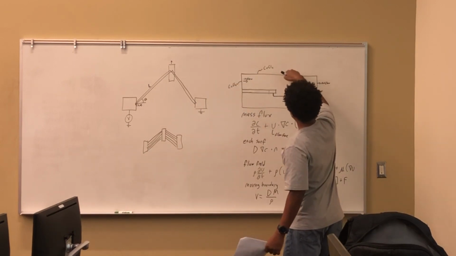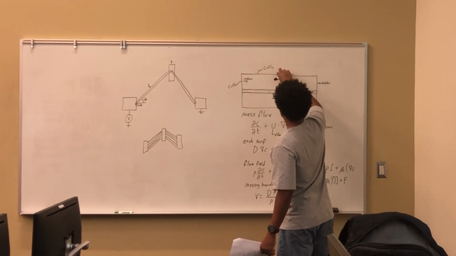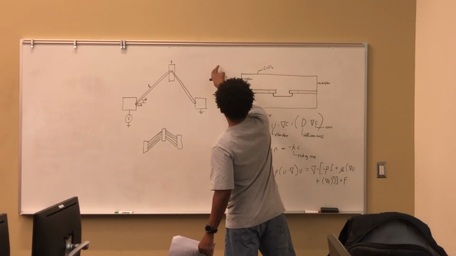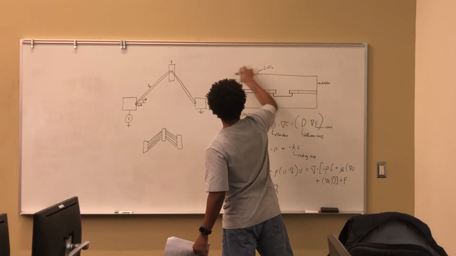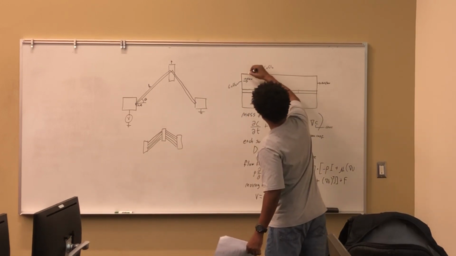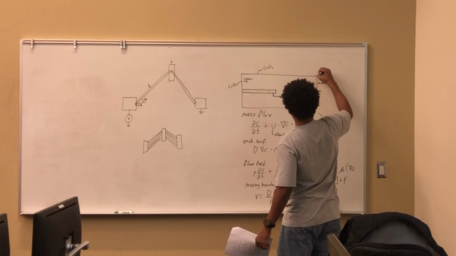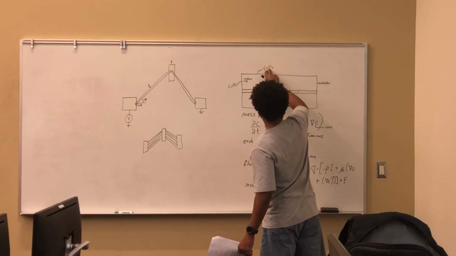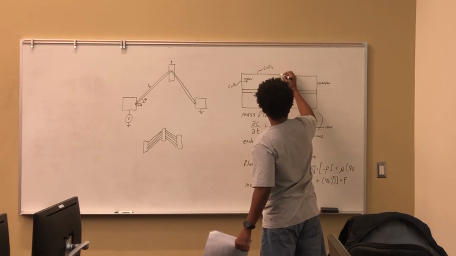This surface right here is actually open, but we're going to assume that the flow of our etchant is coming in this direction. And at this boundary, that's just a constant level of this etchant material. So we're going to put a condition here. It's going to be no slip.